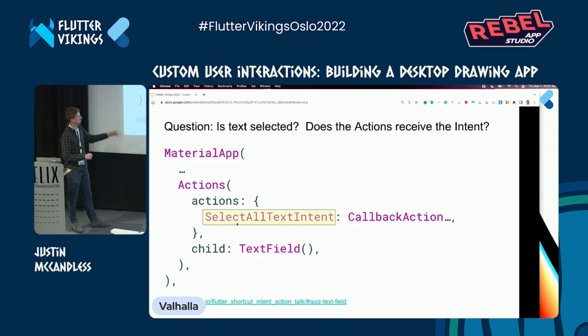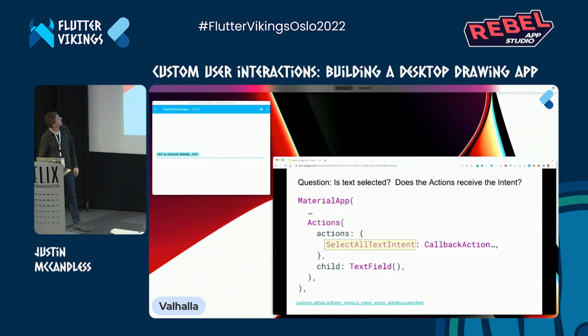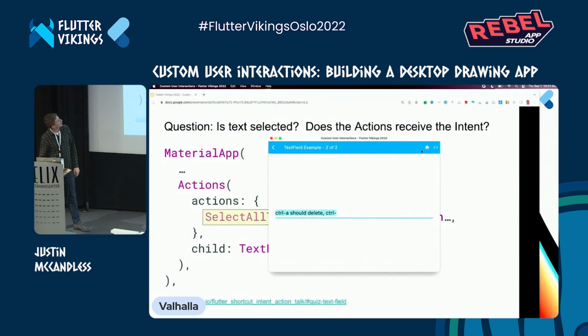This is not a custom one. It's built into Flutter, and we've got a text field here. So different than what we just saw, this is not a shortcuts widget that's overriding something. This is just an actions widget. So the question here is, will text be selected, or will actions receive this and block that? And I'm going to pull out that demo really quick.